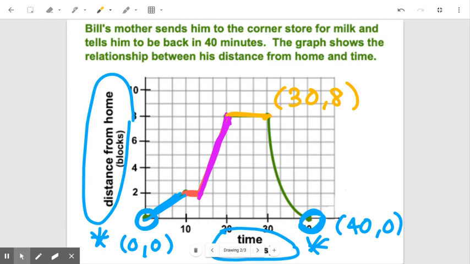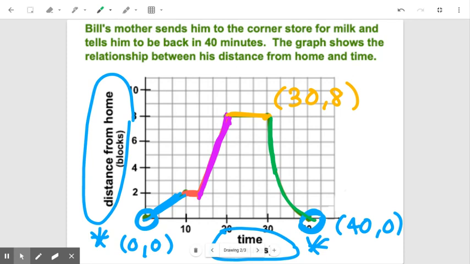And he thought, oh my gosh, I think my mom is going to have my head if I don't get something done here. So he takes off, and this being really steep in the beginning means he was probably running right here. And then he got tired, or he realized he had a little bit more time. So he was slowing down as he got to home. And so that's kind of an explanation of what this graph represents.